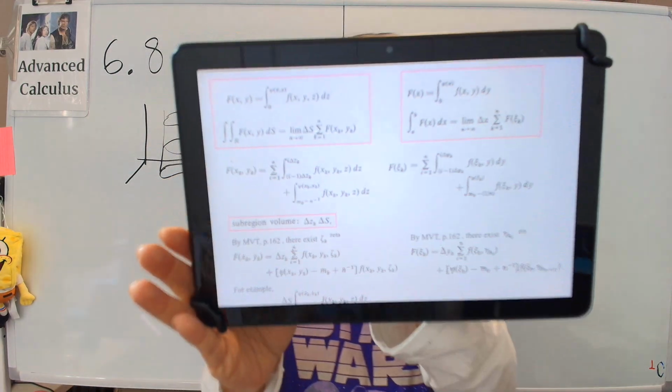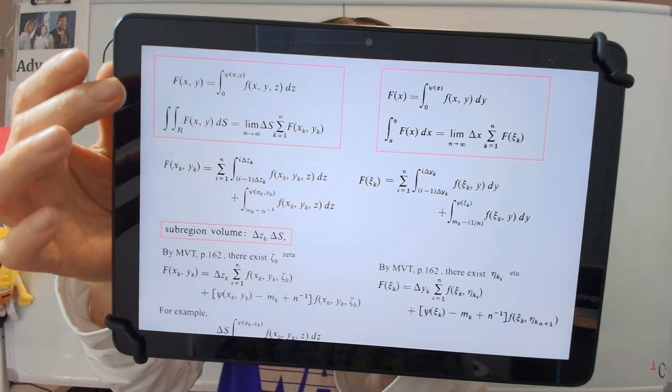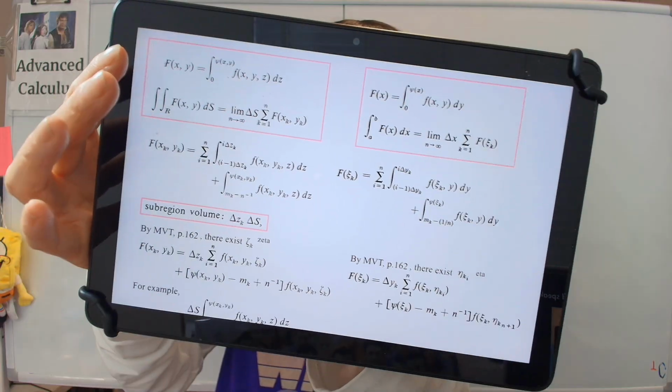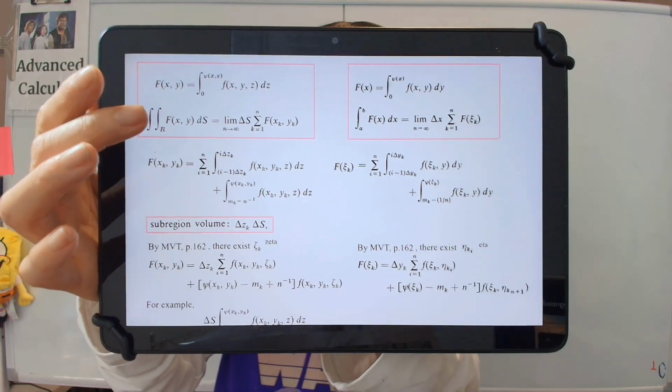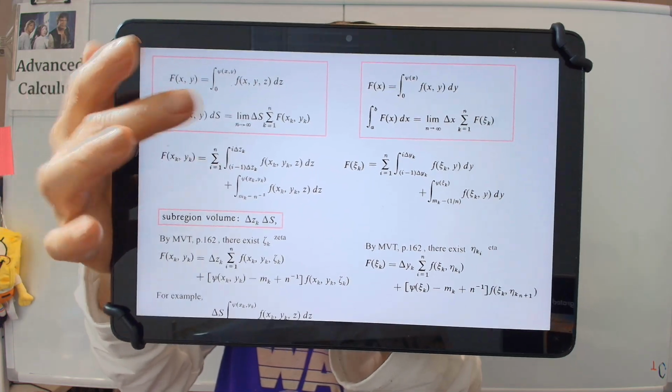So next, I have some formulas copied from the previous page, just to refresh your memory. This is how we defined big F on the last page, which is identical to the one in the previous case.